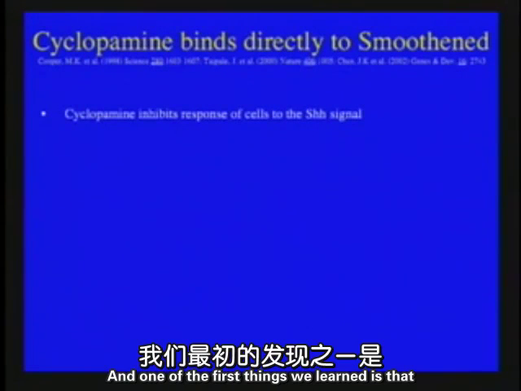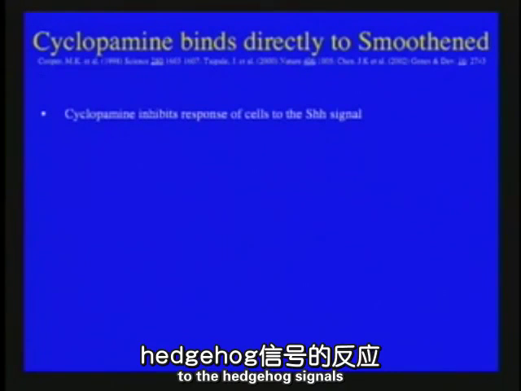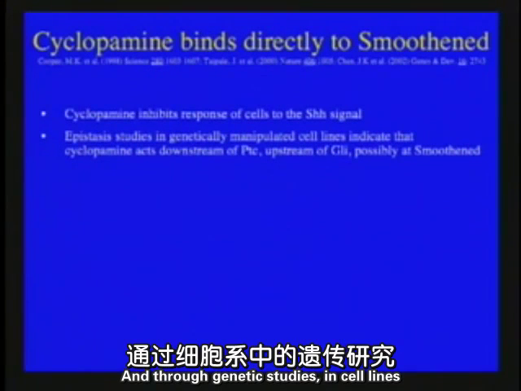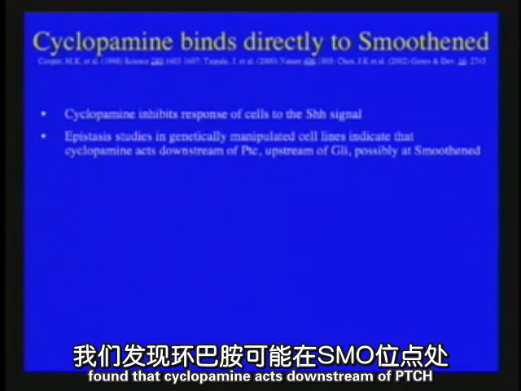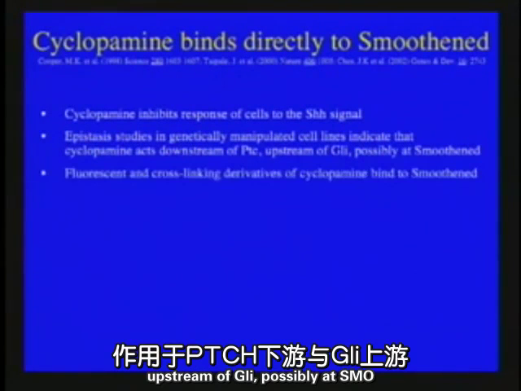And one of the first things we learned is that cyclopamine inhibits responsive cells to the hedgehog signal, not production of the signal, which was our first guess actually. And through genetic studies in cell lines, we found that cyclopamine acts downstream of patched, upstream of Gli, possibly at smoothened.